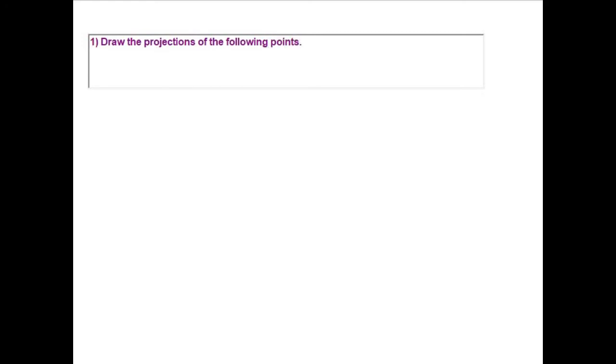Let us say point A is 40 mm above HP and 20 mm in front of VP. That is one point. Point B is 30 mm behind VP and 20 mm above HP.